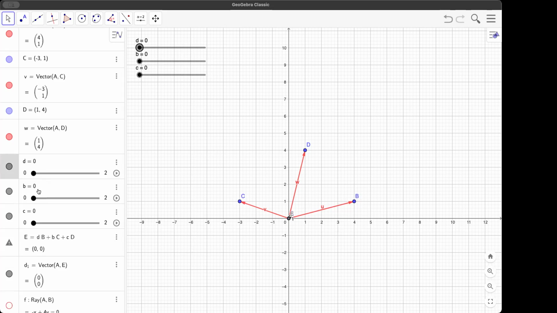I have initialized each of them at 0, so each vector is being multiplied by 0. That's why you have the point 0, labeled E, which is where you start. Now I'm just going to increase the value in front of the first vector. The one that controls the first vector is this number D, so I'm going to increase the value for D.